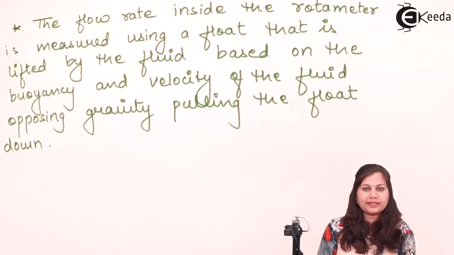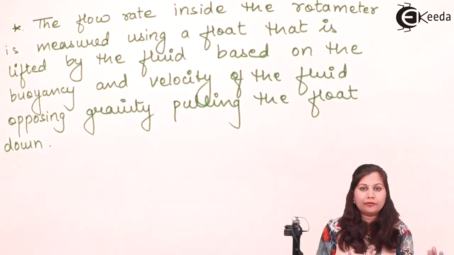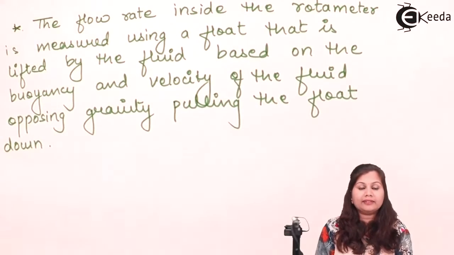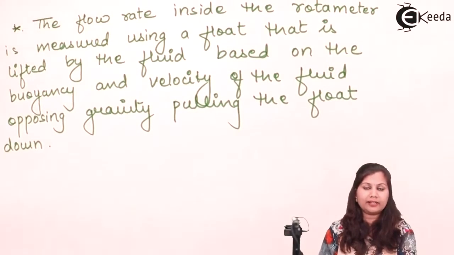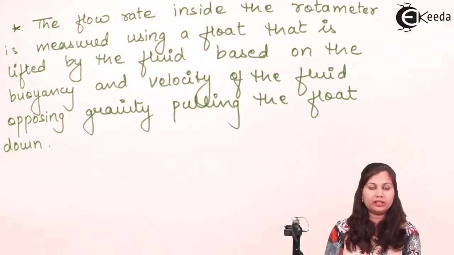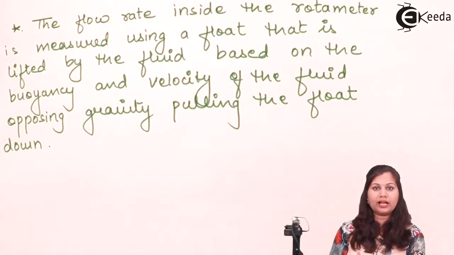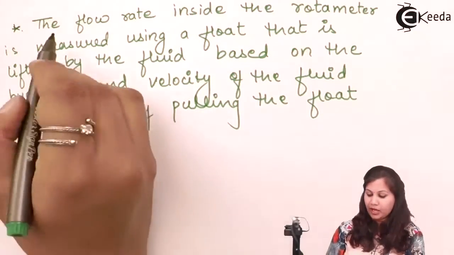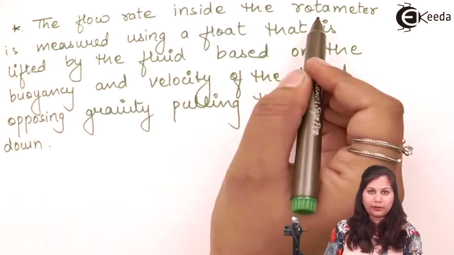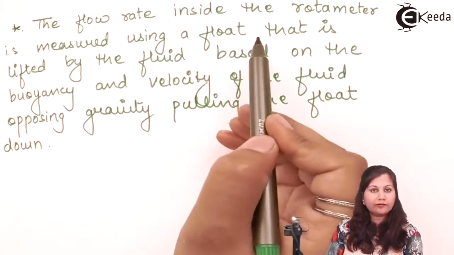Now, as I have said, in rotameters the flow rate is measured by measuring the change in the cross-sectional area, and the change in cross-sectional area is occurring because the fluid is flowing in the pipe. Now what is the cause of the change in the cross-sectional area? The flow rate inside the rotameters is measured using a float.